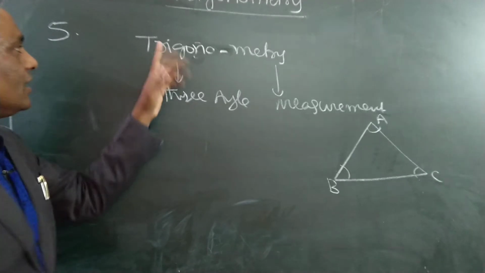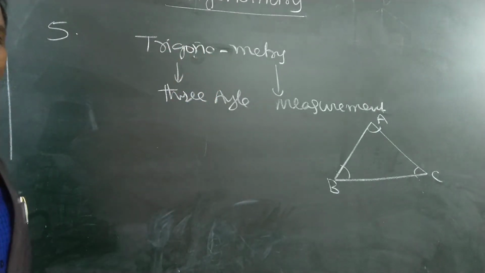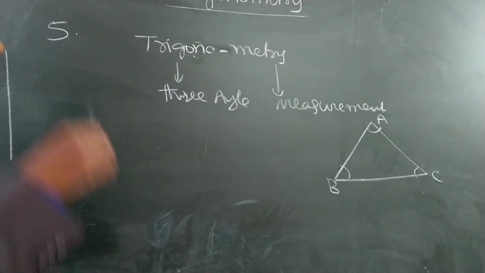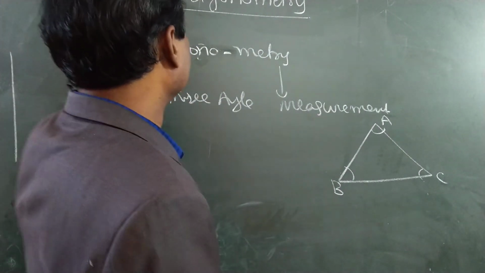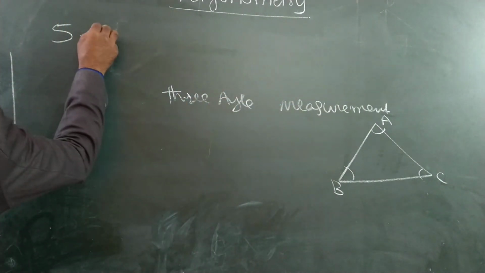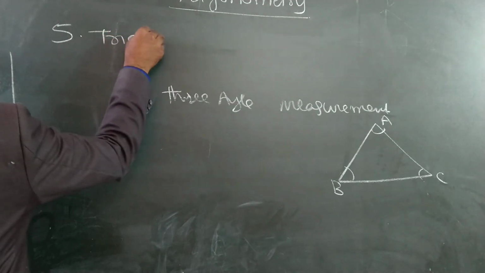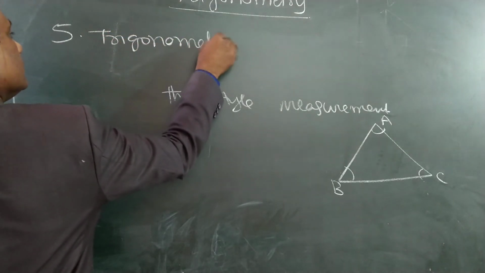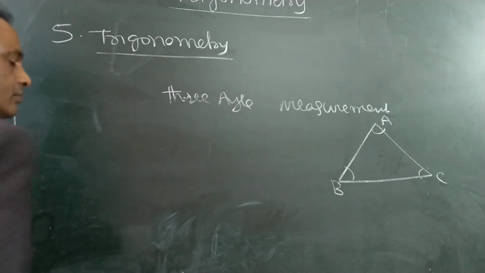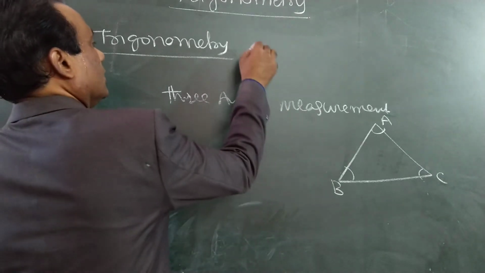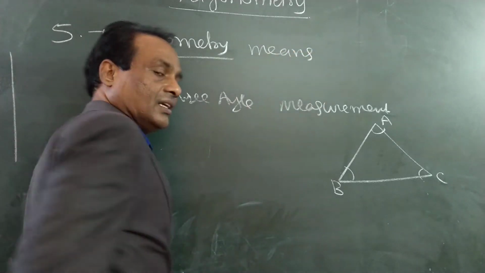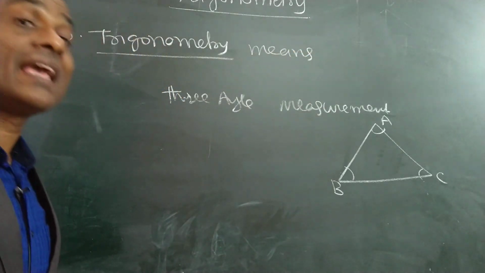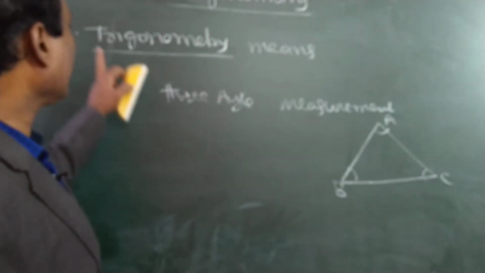Now we are writing some small introduction for trigonometry. Write down the fifth point. Write down trigonometry. Trigonometry means triangle measurements.